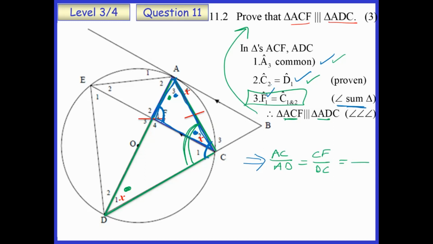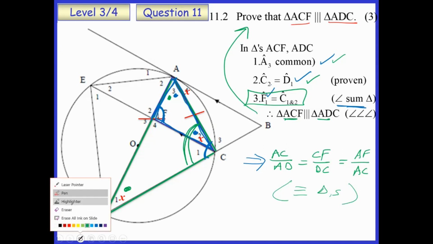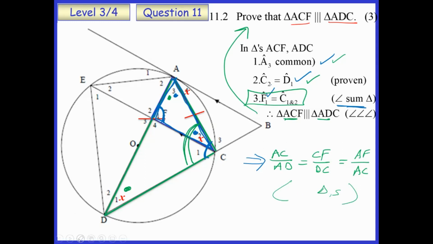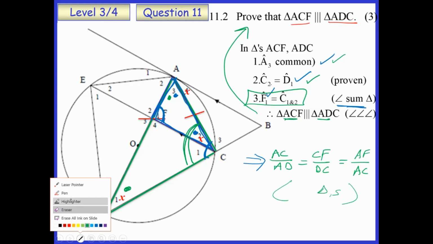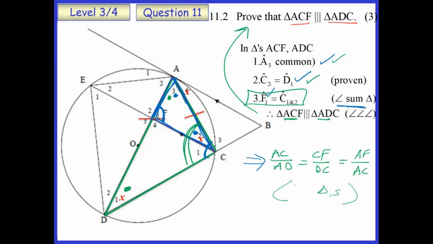I don't know how y'all got EC. Am I missing something? What's the last one? AF over AC, sir. Well done. If your triangle's not in order, you're going to get the wrong ratios. And you have to have a reason. What's the reason? Similar triangles. Oh, that's wrong. I put congruent. That was a deliberate error to make you see the difference between similar and congruent triangles.